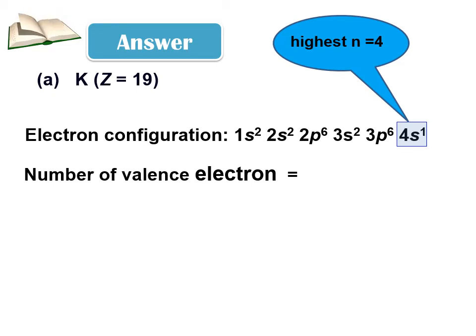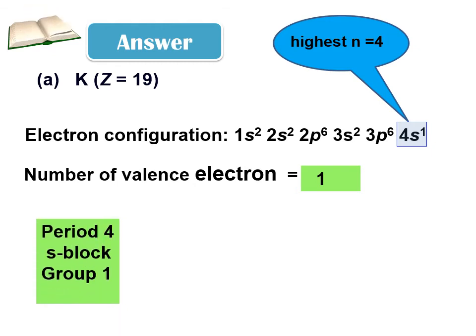We know the outermost shell is 4, and there is one electron in the outermost shell, so the group is equal to 1. Our answer is period 4, S block, and group 1.